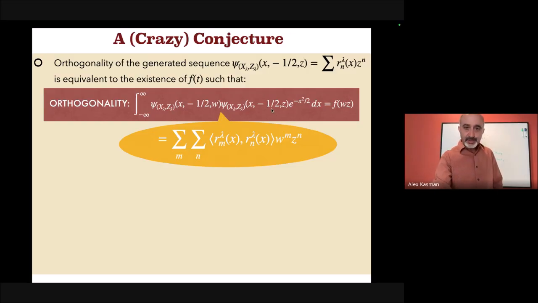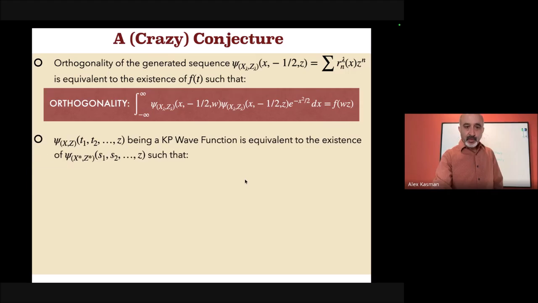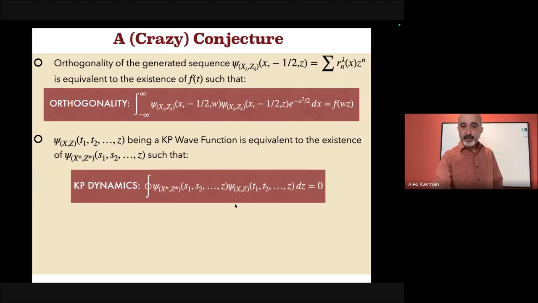The reason I was interested in that is I knew that the KP wave functions also have an integral formula with the two wave functions in it. The KP hierarchy can also be written this way. So equivalent to all the nonlinear PDEs is this integral formula that two copies, two different wave functions, when integrated around a big loop, give you 0.